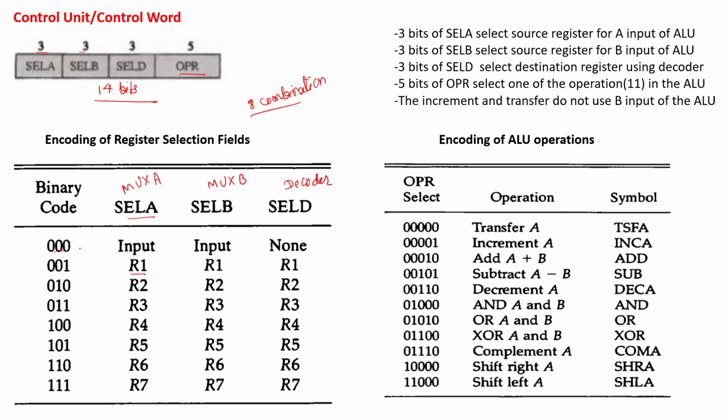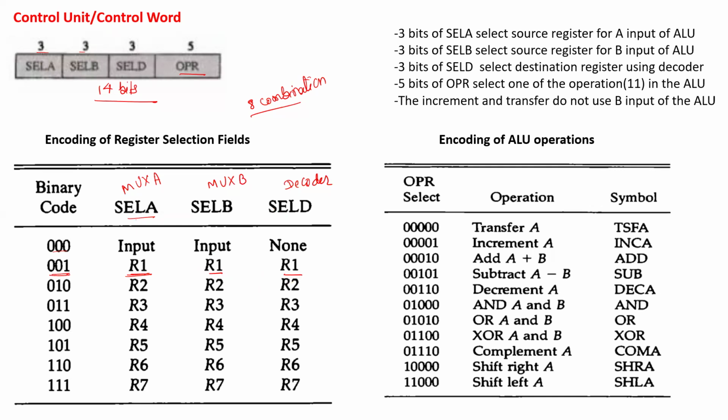So finally, if the binary code is 001 for all, if SEL A is 001, then it will select R1. SEL B is also 001, it will select R1. And SEL D is also 001, it will give permission, or make R1 active, to be loaded.